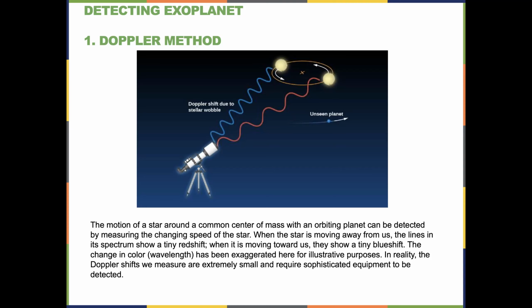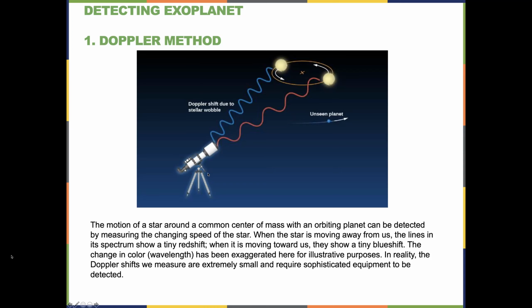So instead of looking at the change in position of the star with time, which we call astrometry in astronomy, we are actually looking at the Doppler shift of the star, because the change in position is so small that it is not easy for us to detect.